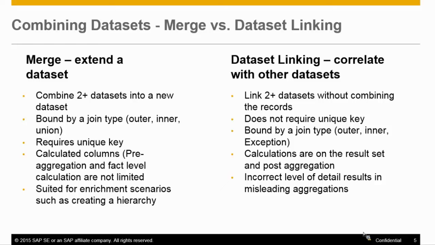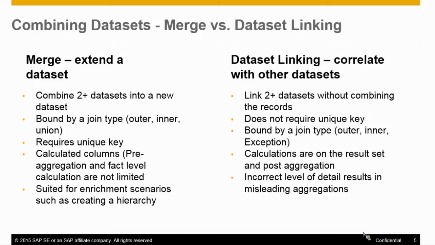a lot better suited for the merge scenarios, whereas dataset linking is really good when you don't have a unique key that you can link on, and you just want to correlate the measure values coming from these different facts or different datasets side by side in the same viz, in the same chart.